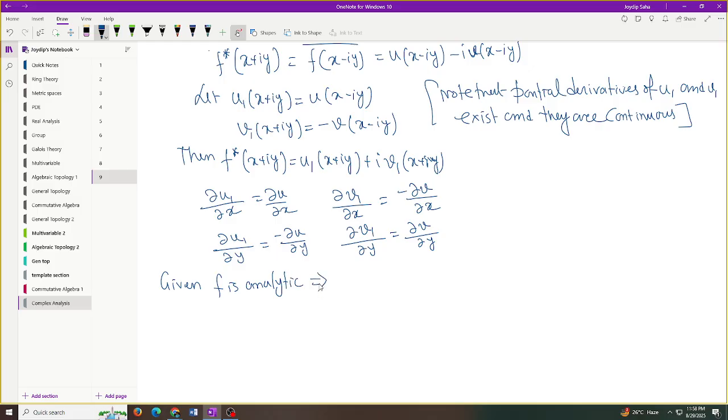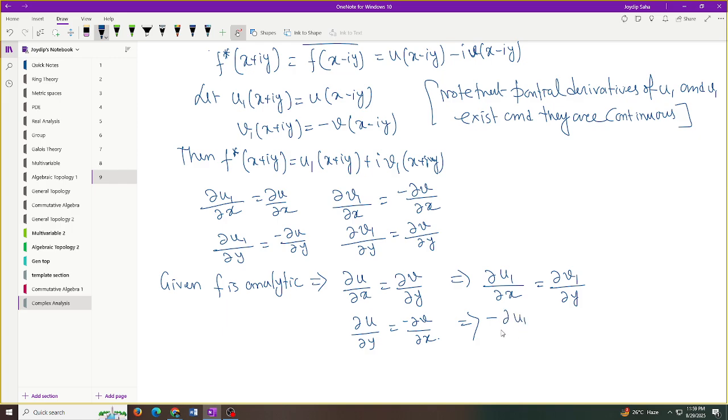This implies it satisfies Cauchy-Riemann equation del u del x equals del v del y, and this implies del u1 del x equals del v1 del y, minus del u1 del y equals del v1 del x.